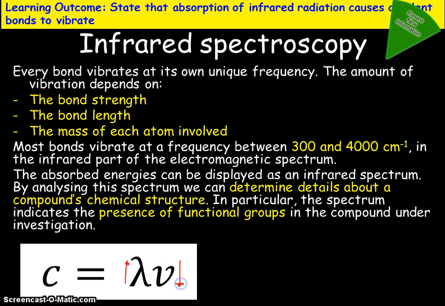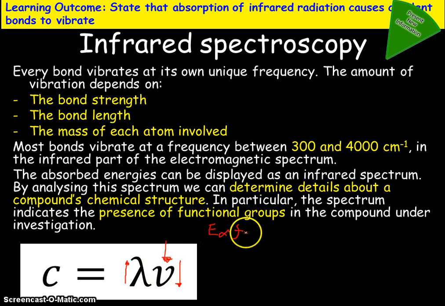And the reason that we're not interested in that relationship is because frequency is related directly to energy, so energy is directly proportional to frequency, which we represent in chemistry with this V symbol, which looks like a V with a bit of a quiff.